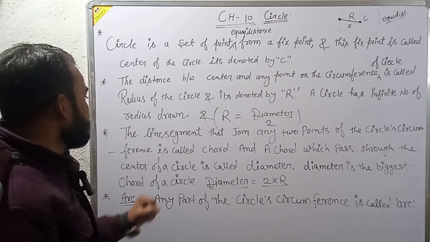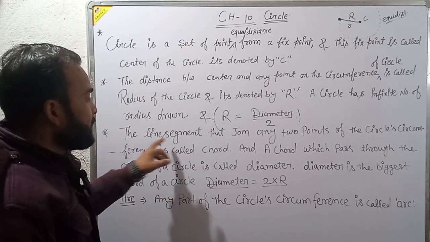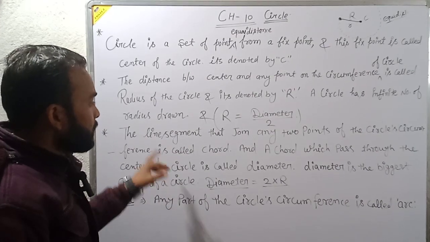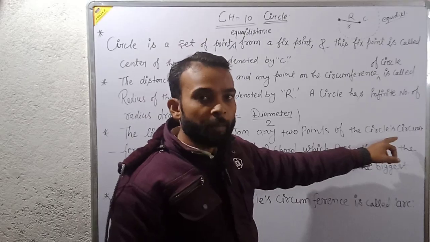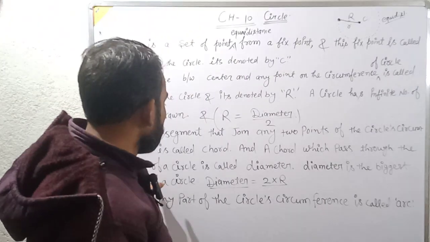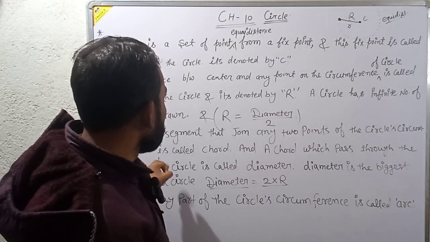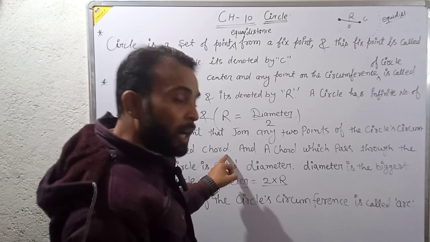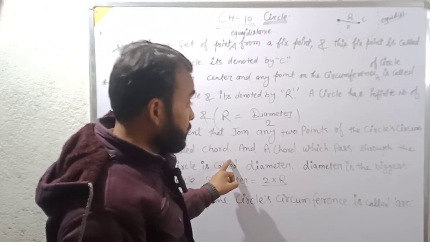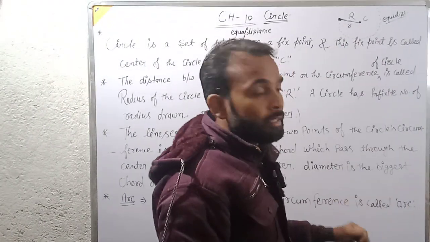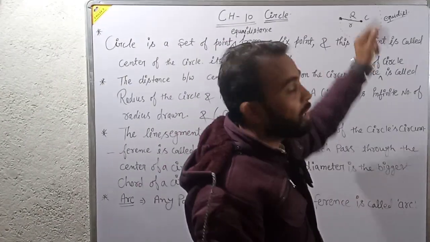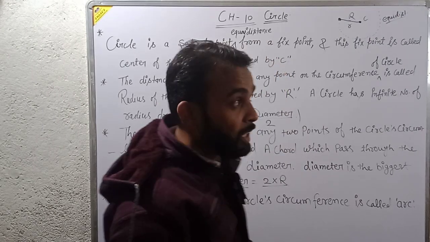Again, the term diameter. What is diameter? The line segment that joins any 2 points of the circumference of the circle is called a chord. But the biggest chord of the circle is called the diameter of the circle.